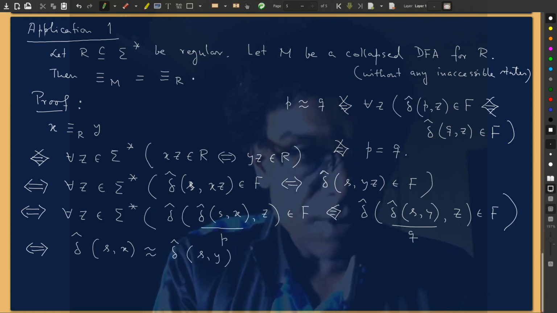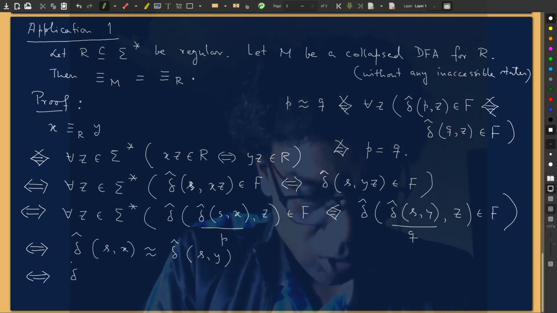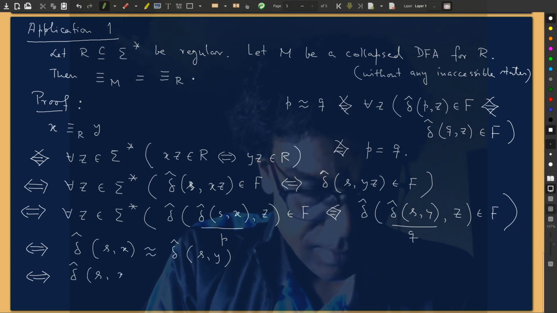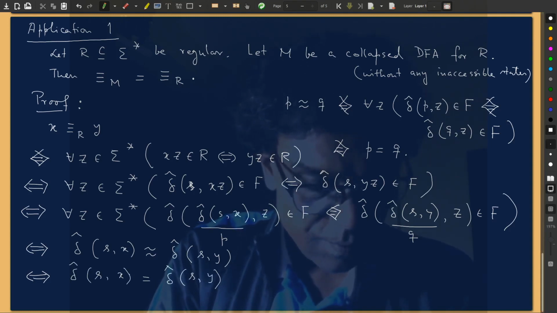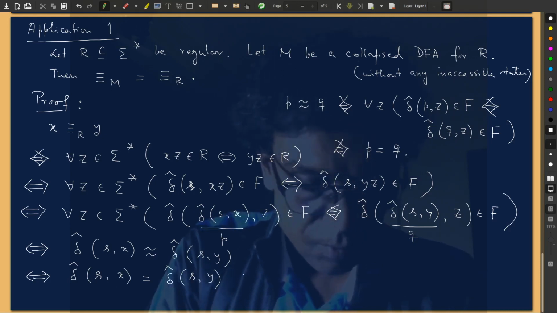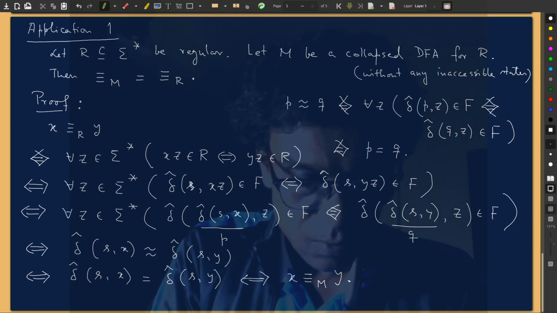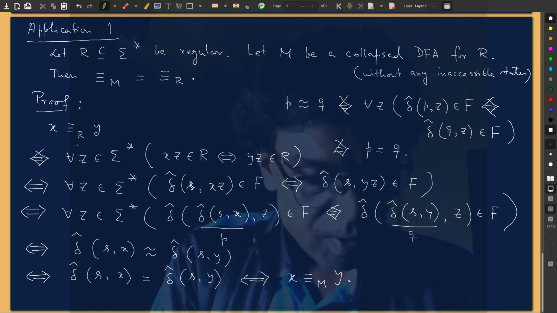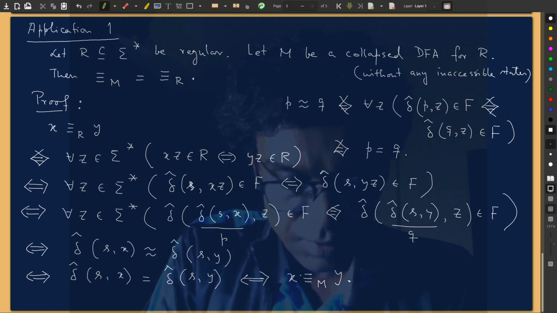But then since the machine is already collapsed, this is equivalent to saying that delta hat Sx is equal to delta hat Sy, and by definition of this, it follows that this is if and only if x is equivalent to y with respect to this Mn relation. Okay. So a tuple belongs to this relation if and only if it belongs to this relation.